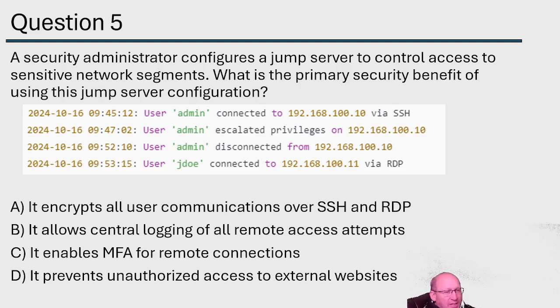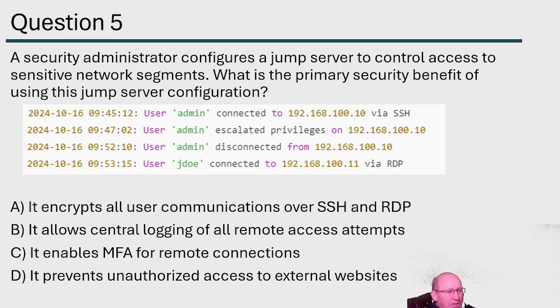C, it enables MFA for remote connections, multi-factor authentication for remote connections. Does it? Does the jump server enable multi-factor authentication? Is that a key feature of a jump server? It could be.